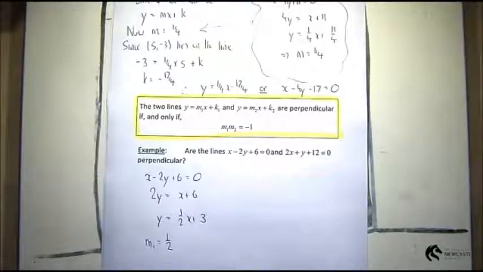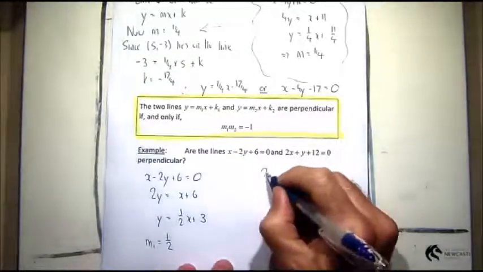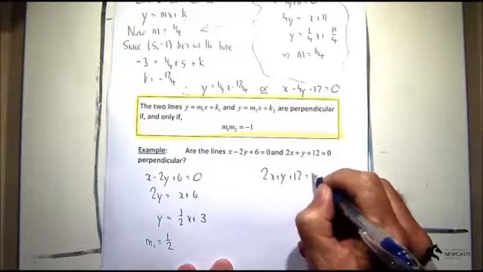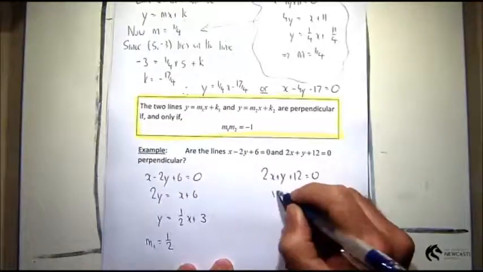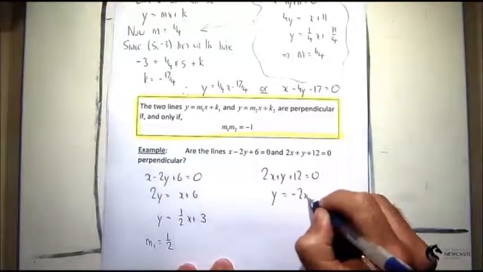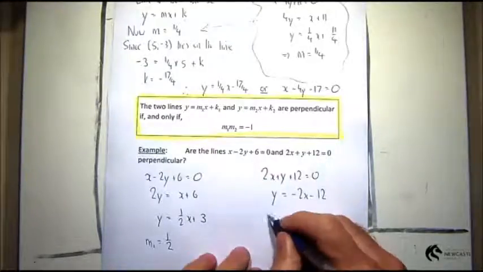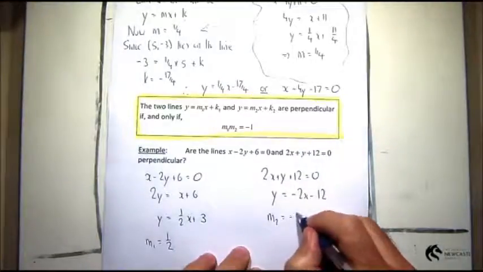Let's go to the other line. And I have 2x plus y plus 12 is equal to 0. That says y is equal to minus 2x minus 12. There it is in gradient intercept form. So therefore the slope of this one, m2, is minus 2.